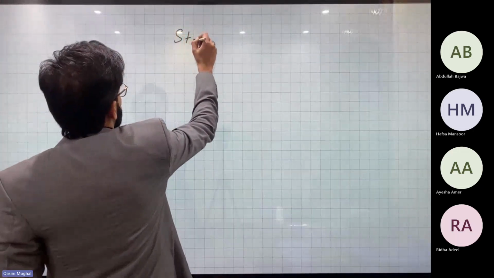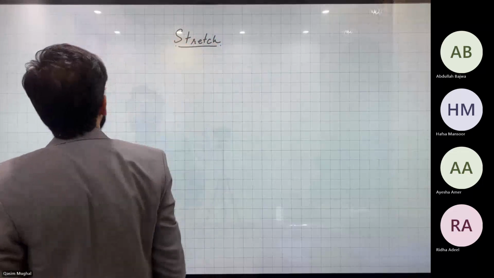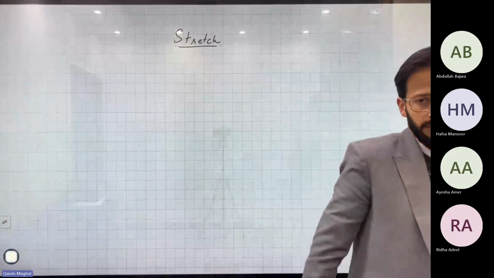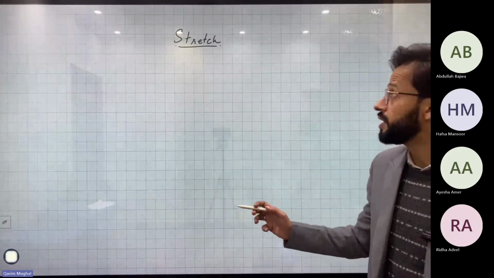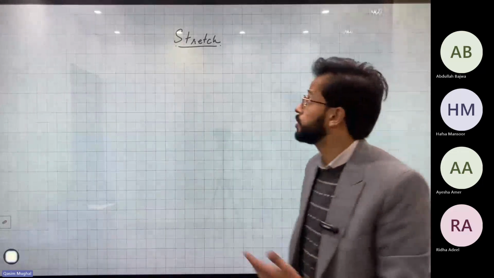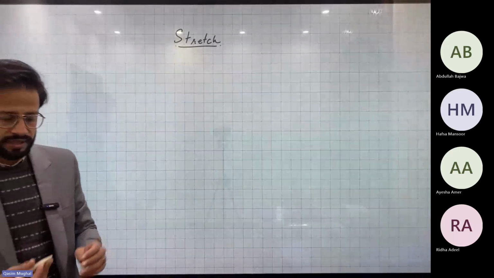When we started off this topic, I told you that the transformations which you studied in your GCSEs had no stretch. Long time ago it used to be a part of the syllabus, but not anymore. So you haven't studied this.